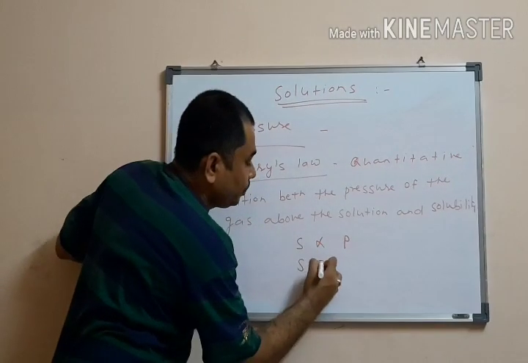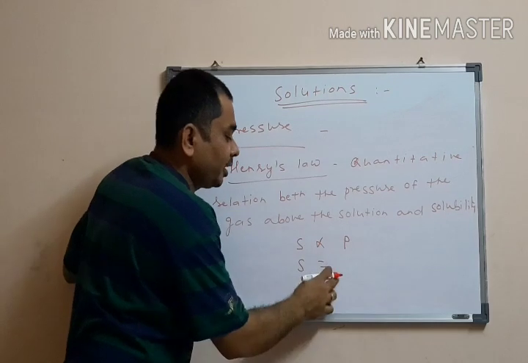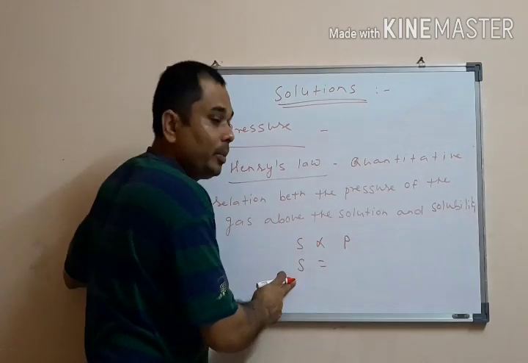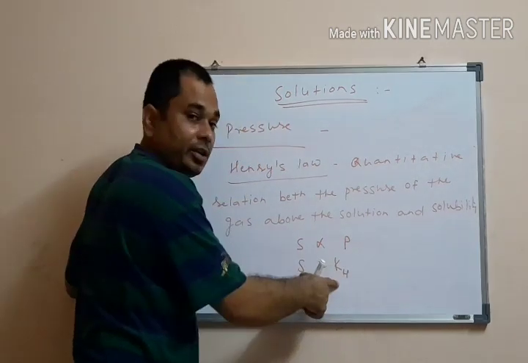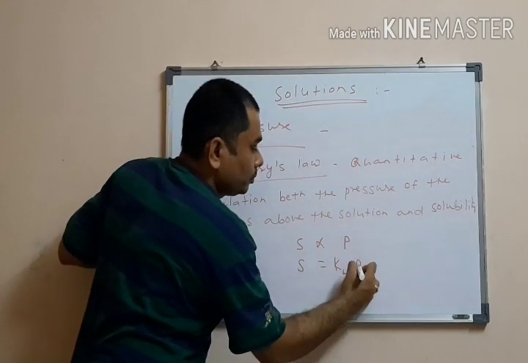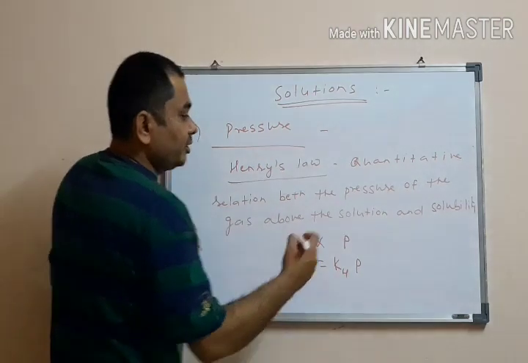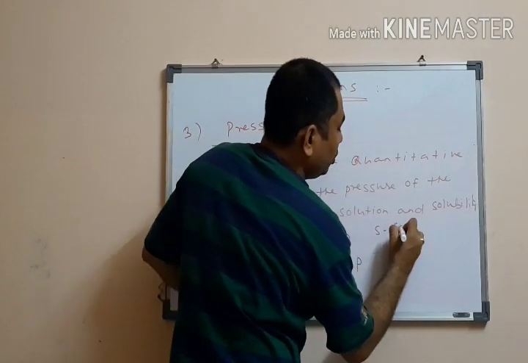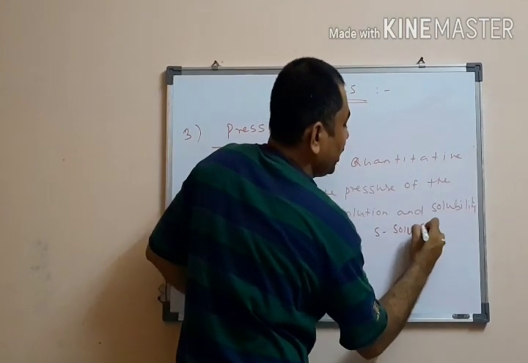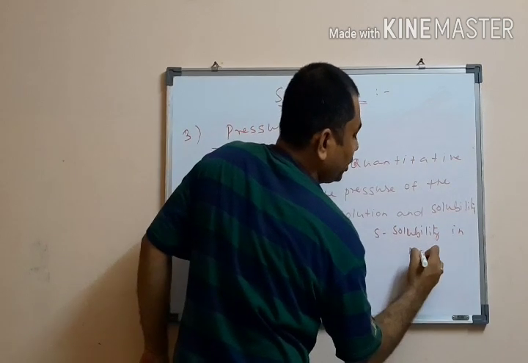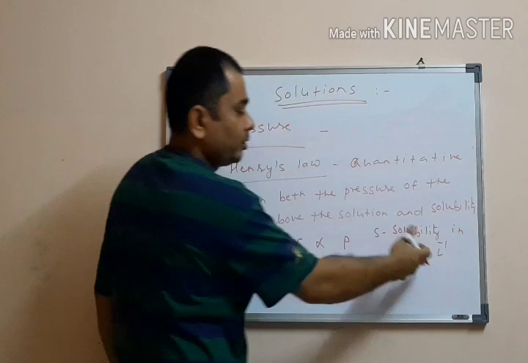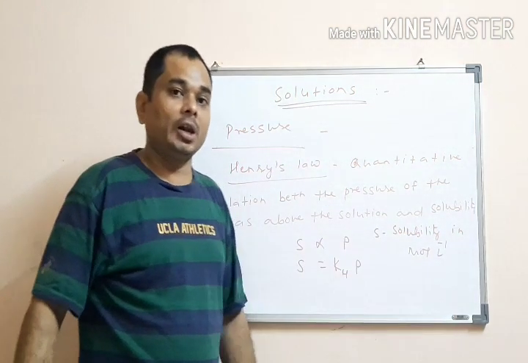Now I'll replace this proportionality sign with an equality sign. So S = KH × P. What is this S? S is the solubility, and we measure this in moles per liter. Moles per liter is the unit of concentration. You are very well aware of this.